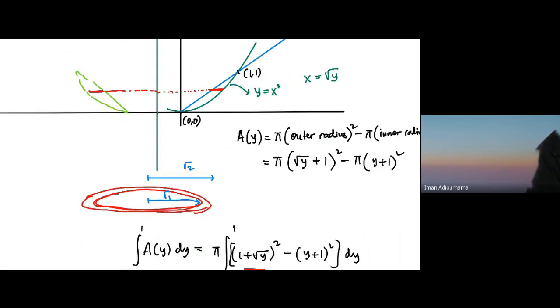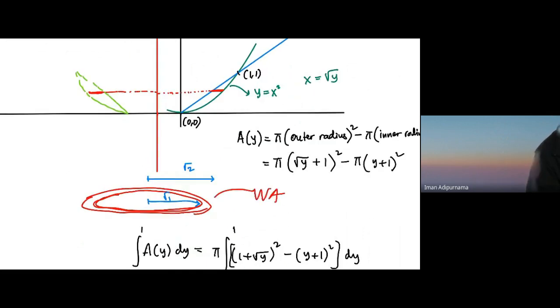It's basically similar to the disk method. What you need to do is subtract the area with the outer radius minus the area with the inner radius, and you get this piece. This is usually called the washer method.